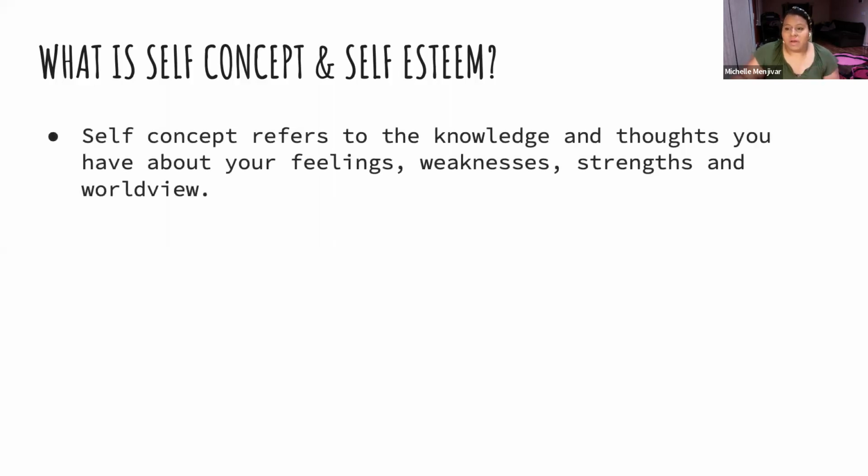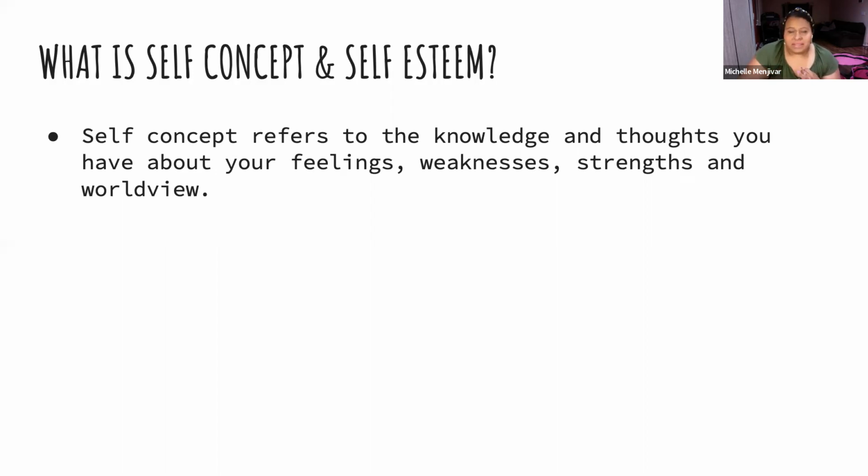It talks about self-concept and perception. Your self-concept is basically your knowledge and thoughts about yourself, your feelings, weaknesses, strengths, and worldview. So for example, if I were to look at my self-concept, I would say that I am a very extroverted person. I am extremely friendly.